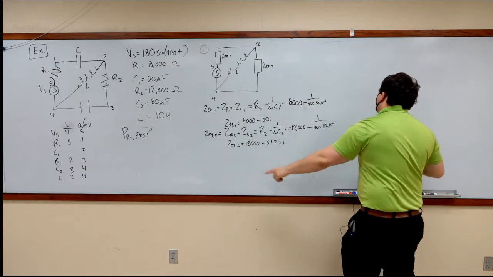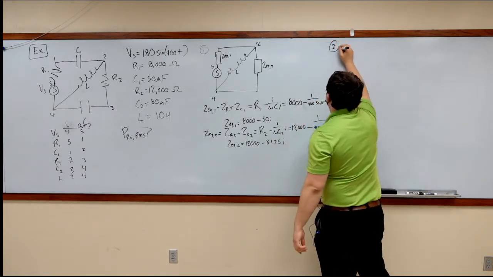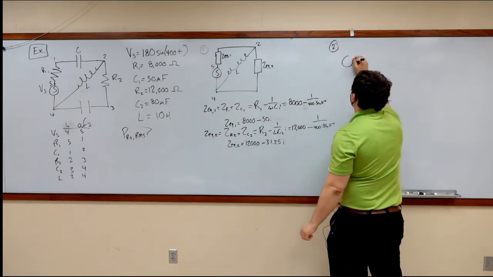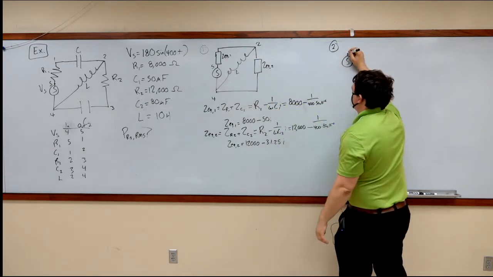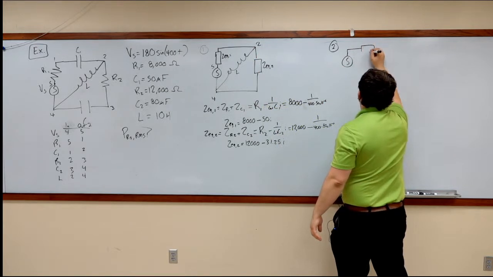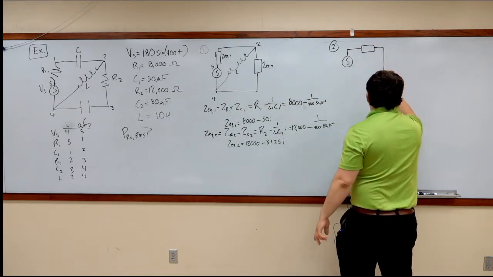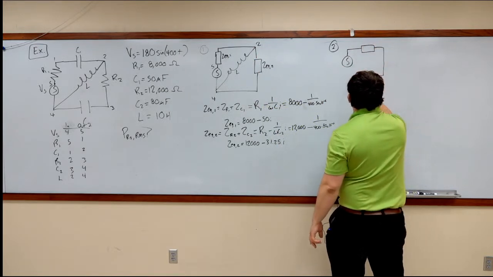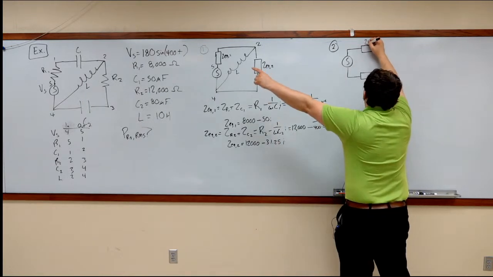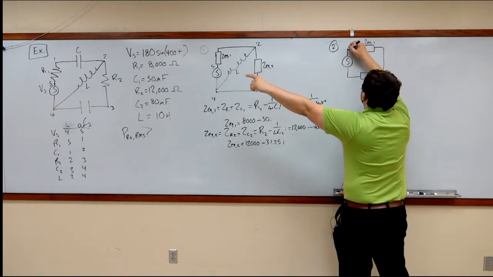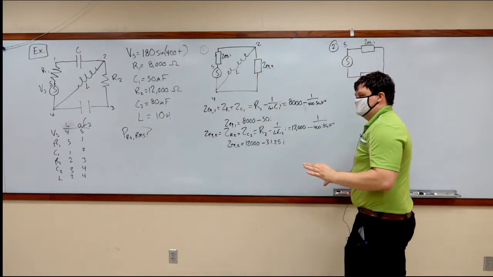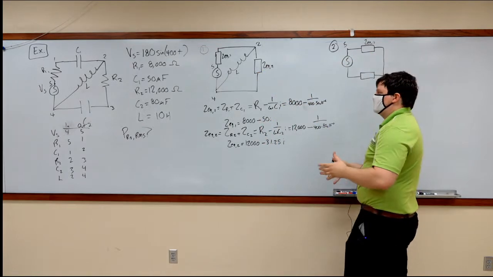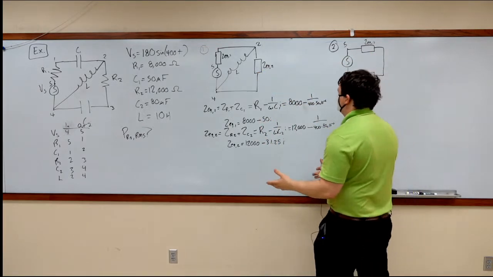Okay, so the second circuit that we're going to be building is going to look like this. I'm going to bring this one up to the top so it's not so gross. This is number 2. This one is ZEQ1. This one right here is node 5. We do not get rid of any nodes because we're combining them in parallel. We're getting rid of a loop, not a node.